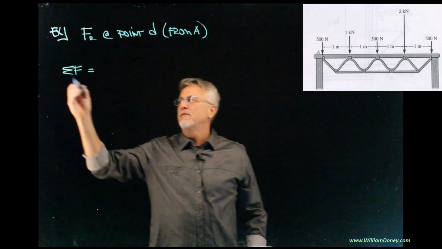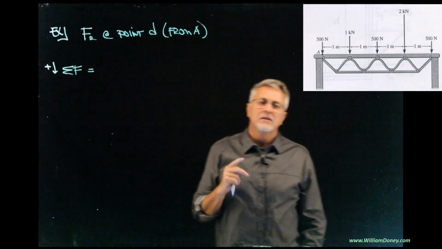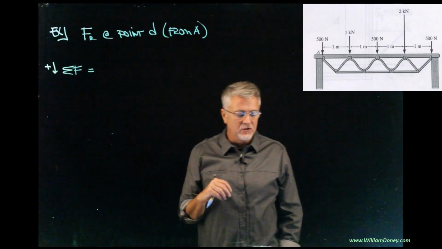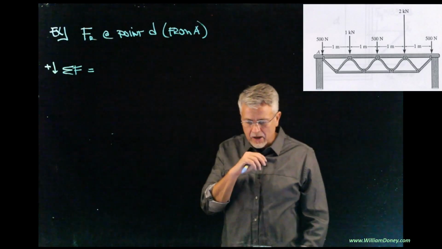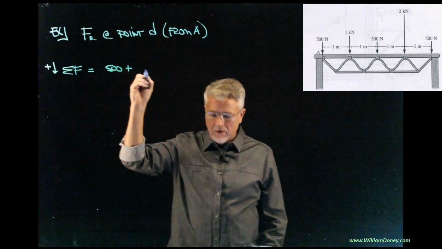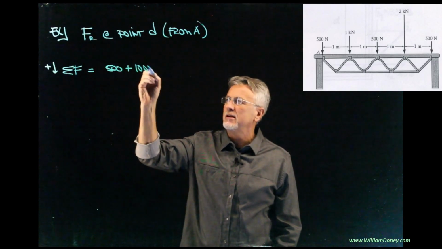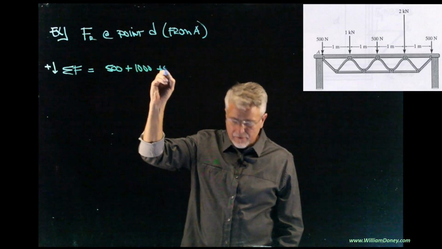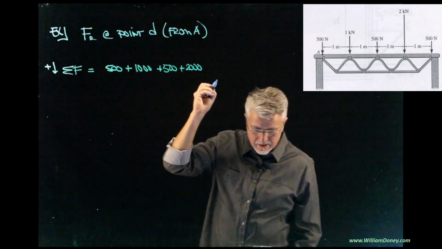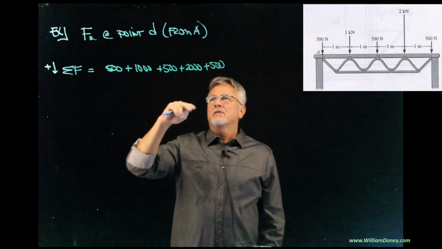We have to sum the forces. Since all the forces are down, I'm just going to pick positive down, because if I pick positive up, I have to rate them all as negative. There's really no reason to do that. So we're going to sum all the forces, and we have 500, we have 1 kilonewton, so 1,000, we have another 500, we have a 2,000 there, and on the end we have another 500. 1, 2, 3, 4.